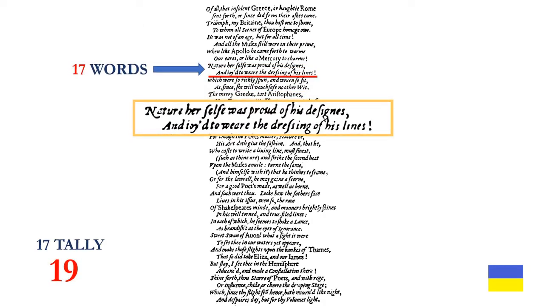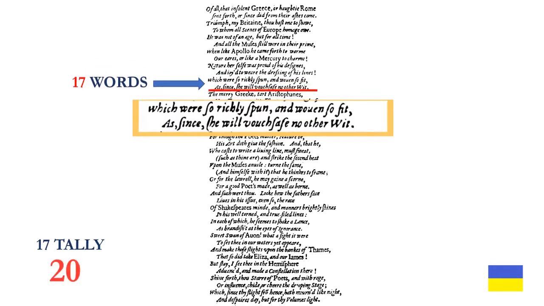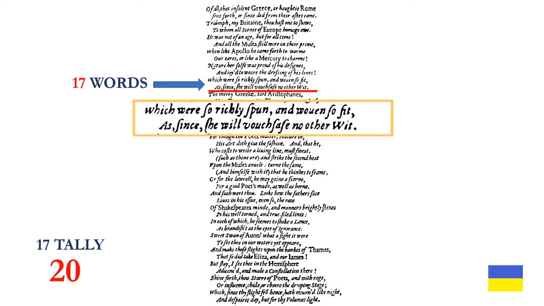Couplets down, we have: Nature herself was proud of his designs, and joyed to wear the dressing of his lines, which were so richly spun and woven so fit, as since she will vouchsafe no other wit.